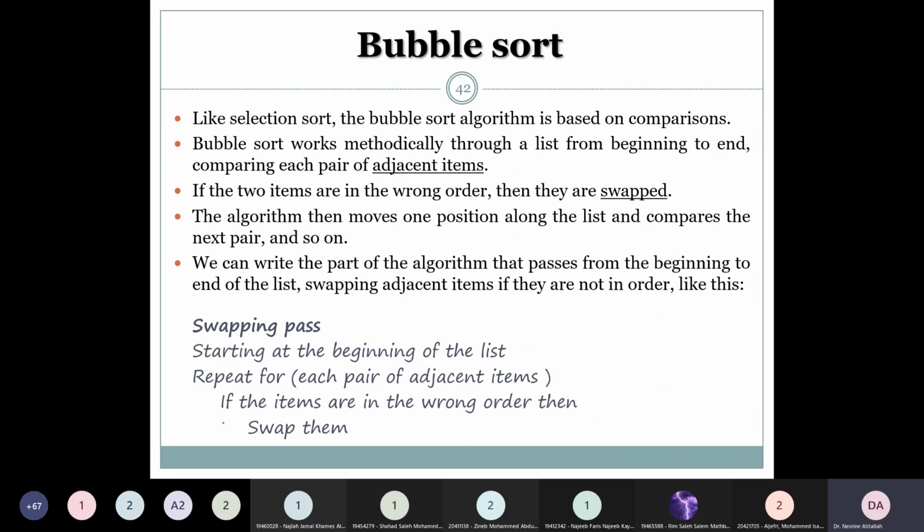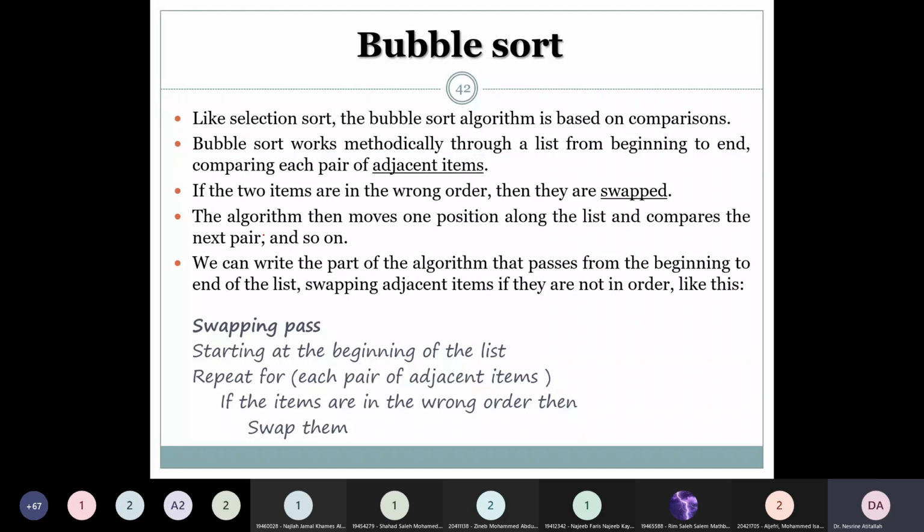Now we will not go through all the list and find the smallest and do some swapping with the first item. Now we will compare just the adjacent. So if the two items are in the wrong order, they are swapped. The algorithm then moves one position along the list and compares the next pair and so on.